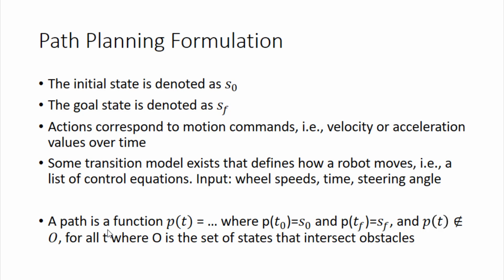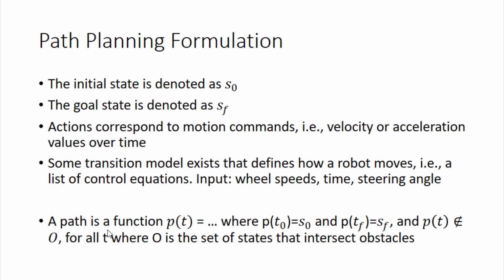So eventually we end up with a function that represents our path. Our path is going to be a function p of t. I didn't put the actual function in here, I just put ... because there's no template for a path function. But the things that they all have in common are that our first state, p of t0, is going to be equal to our initial state. And our last state, p of tf, is going to be our goal state.